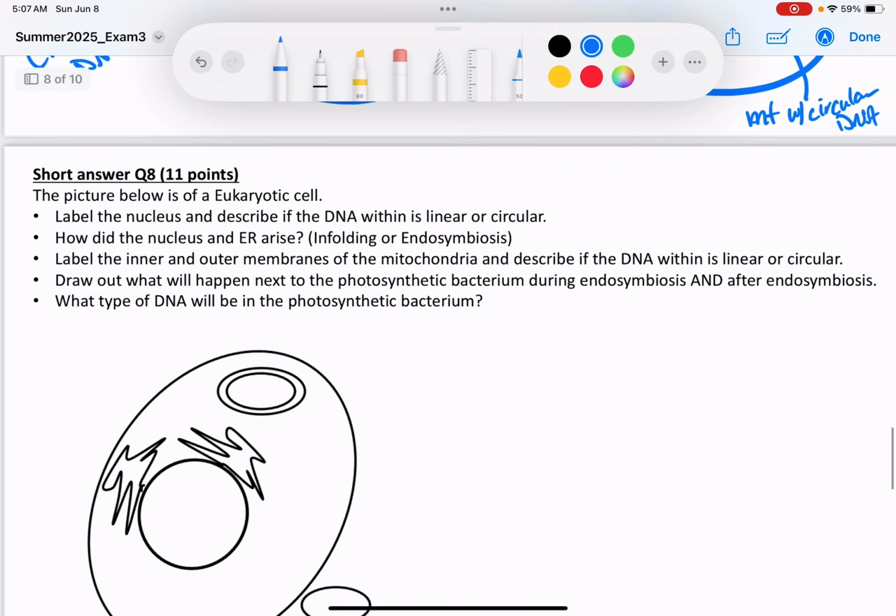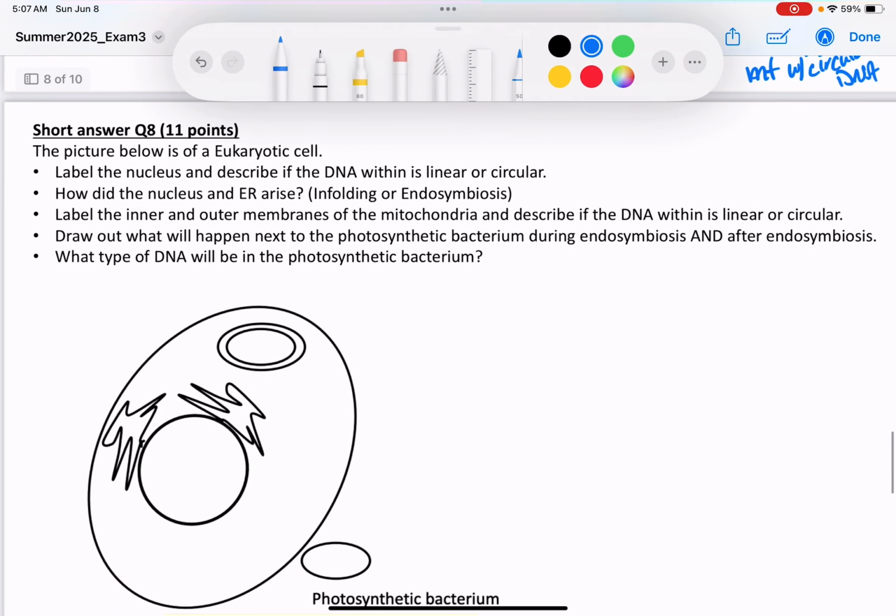So below is a eukaryotic cell. So label the nucleus and describe if the DNA within is linear or circular, and describe how the, okay, so let's just do that first. Okay, so label the nucleus. So this is a nucleus. And the DNA inside is going to be linear. The nucleus or an endoplasmic reticulum arose, remember, from infolding the inner and outer membranes of the mitochondria.